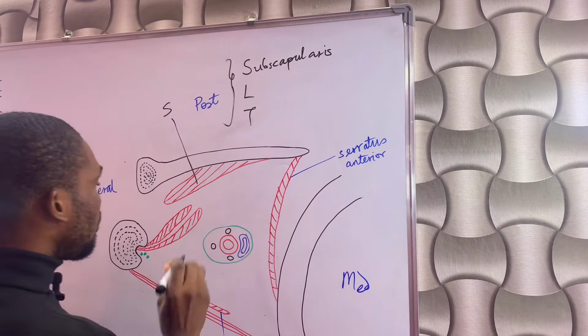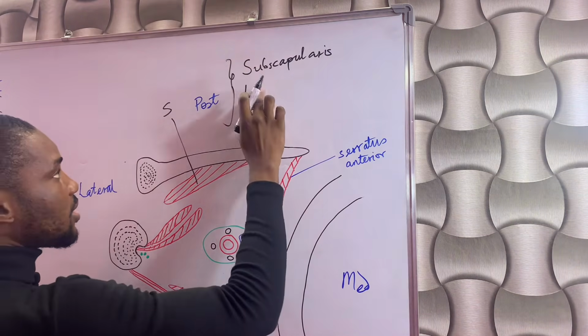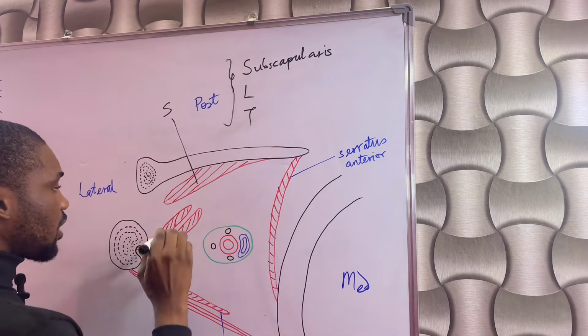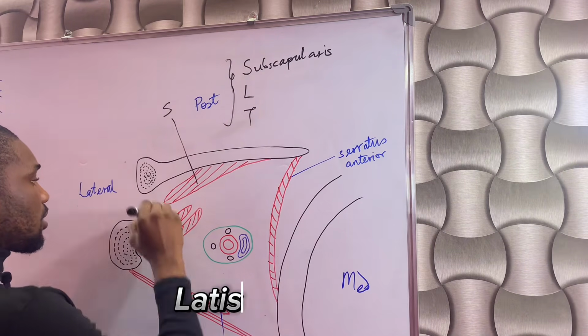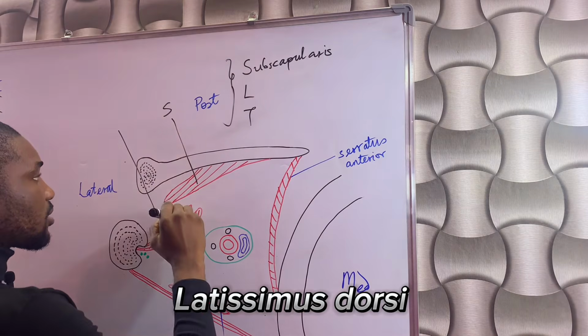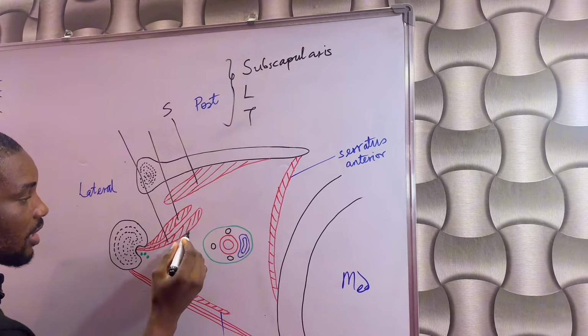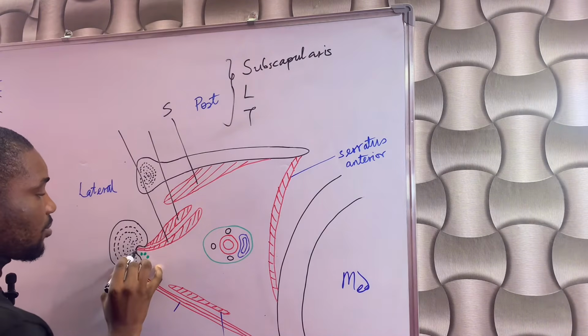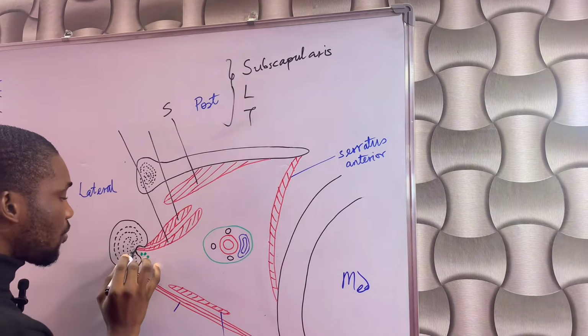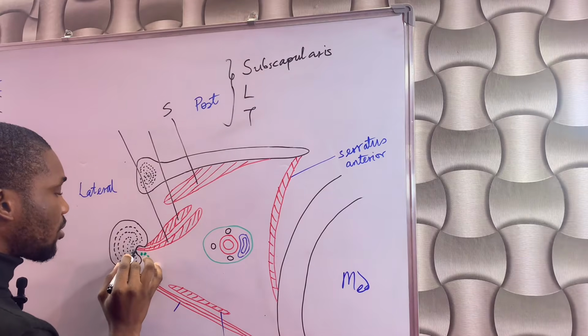Then we have two other muscles, the latissimus dorsi and teres major. So we have latissimus dorsi here and teres major here. You can see that the latissimus dorsi arises from the intertubercular groove over here. So this is the intertubercular groove.